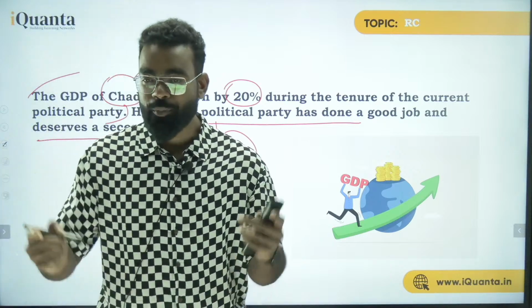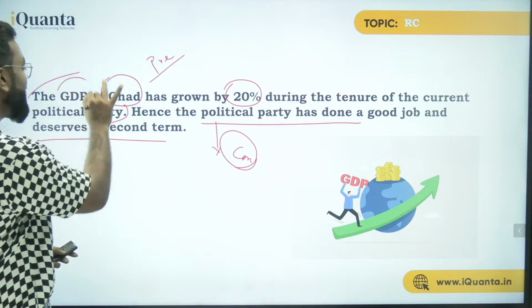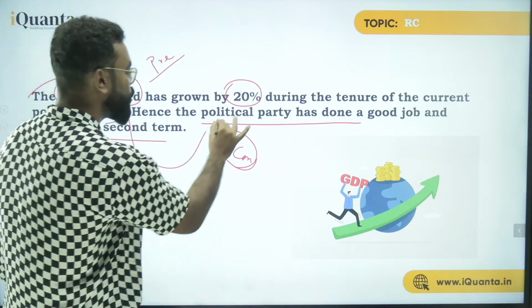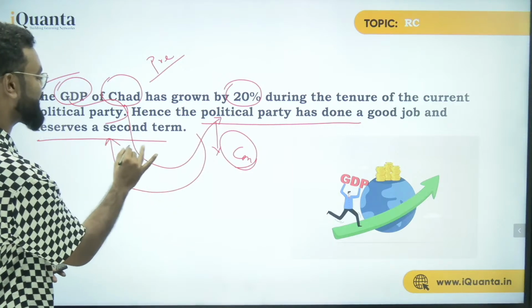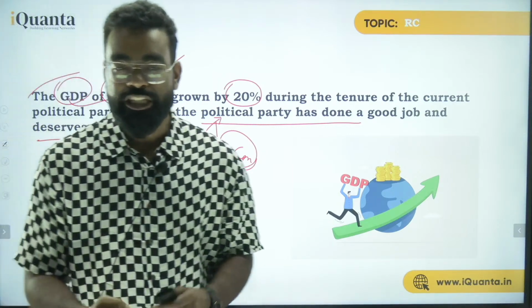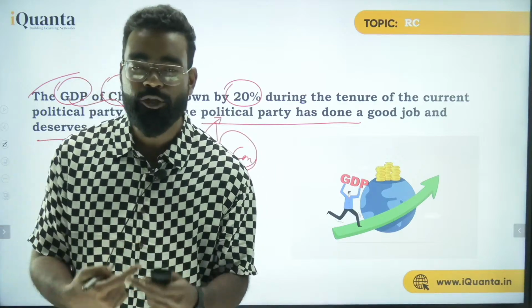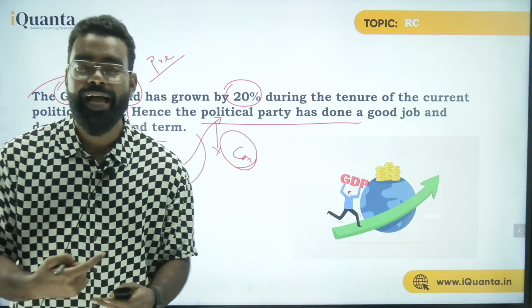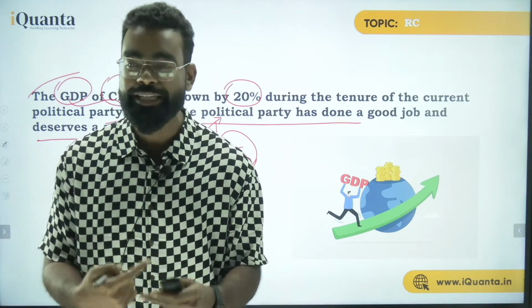Am I clear? So the logic we have drawn is that GDP has a direct correlation with the political party deserving a second chance. GDP is correlating with a better job, a second term, and a re-electing case. Am I clear? So this is the logic.